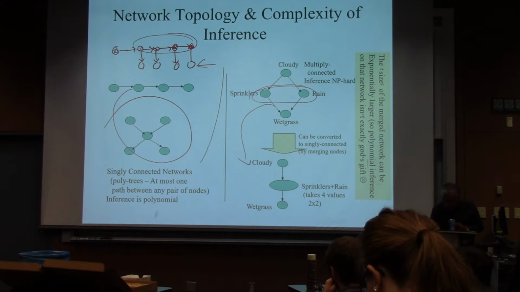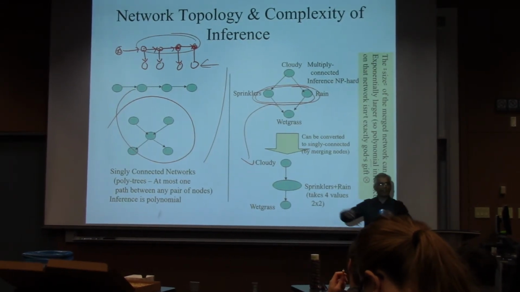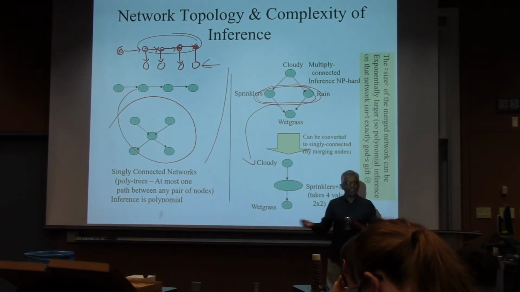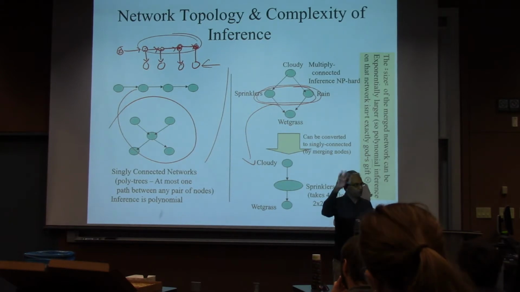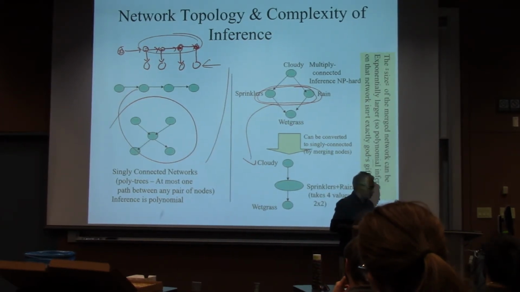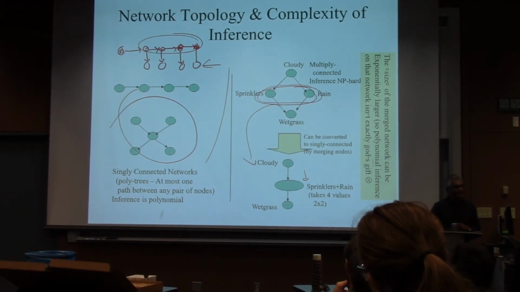If you can somehow merge them and make a variable called sprinkler-rain variable. So sprinkler can be true or false, rain can be true or false. Sprinkler-rain will be true-true, true-false, false-true, false-false, four values. You see what I'm saying? So if I did that, then this network can then be this way. Suddenly I have a singly connected network.